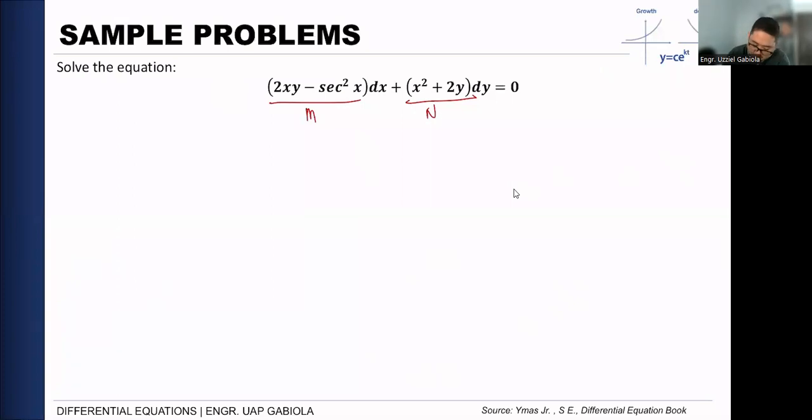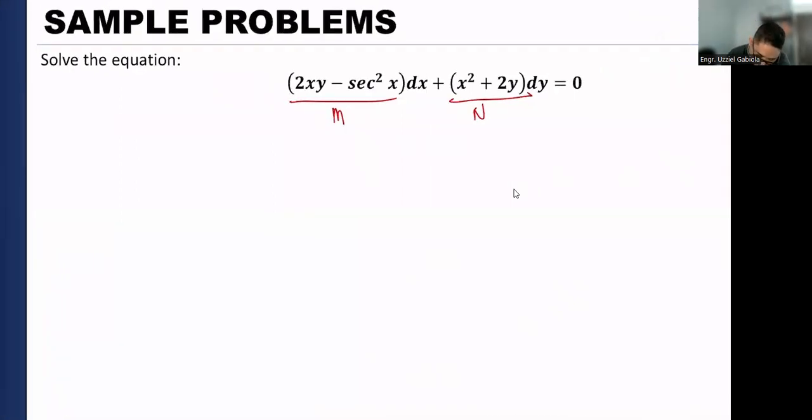Okay? So, partial ni m with respect to y is equals to, anong magiging answer natin? Yung first term muna. Ito po yung m natin.